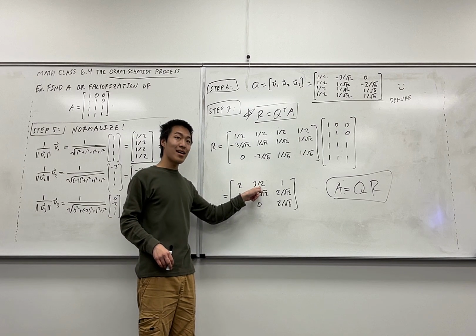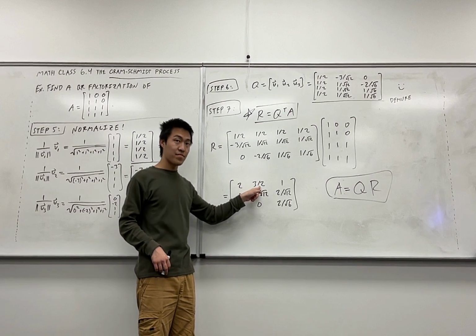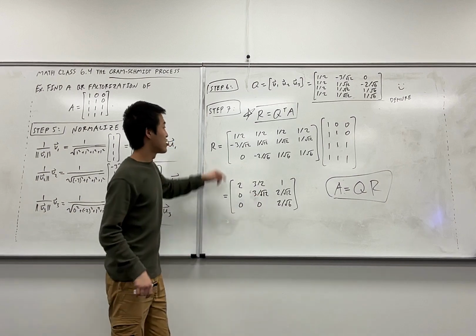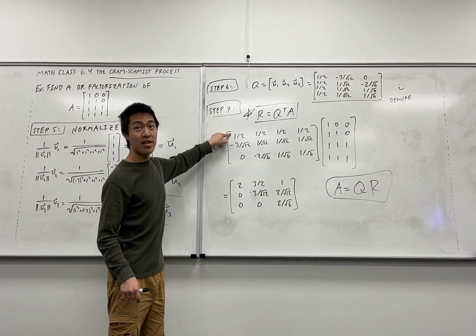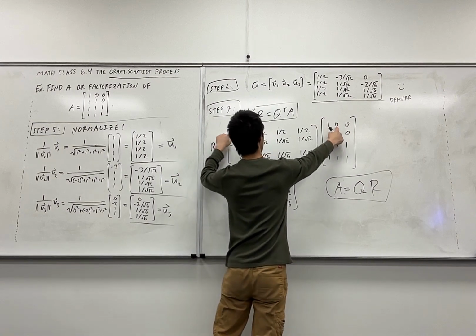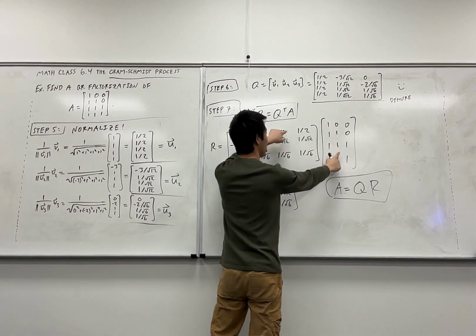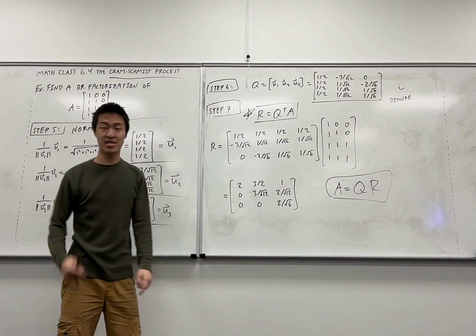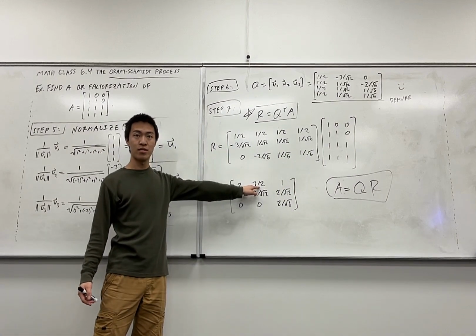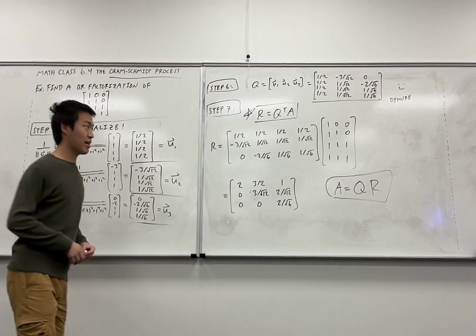Give me the row and column of 3/2 here. Row 1, column 2. What's 0 plus 1/2 plus 1/2 plus 1/2? That's 3 times 1/2, 3/2. Yes? Okay, just to make sure we know how that works.